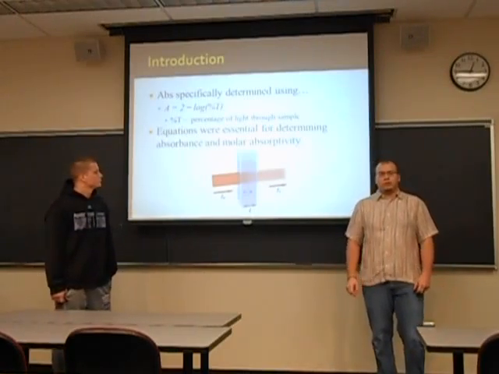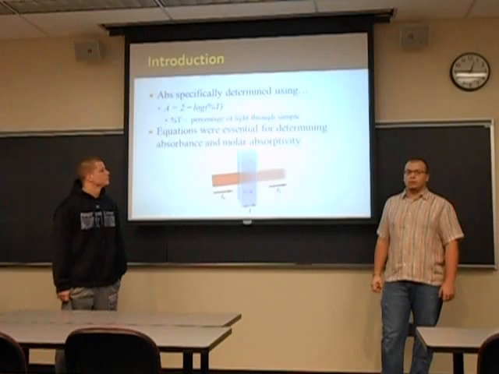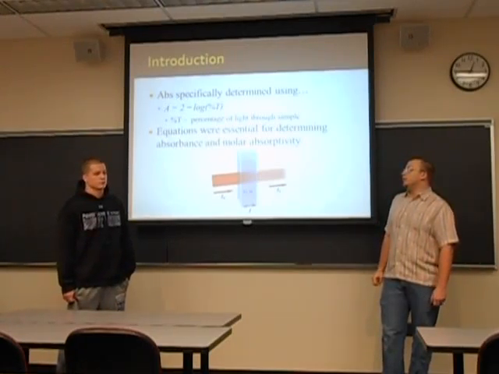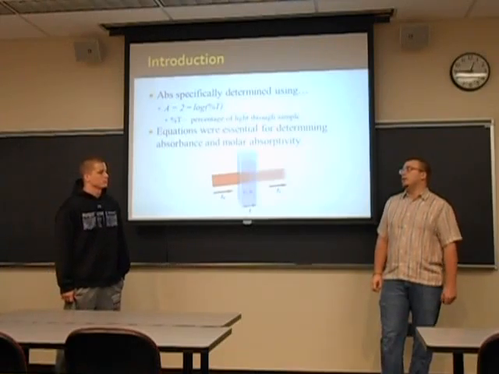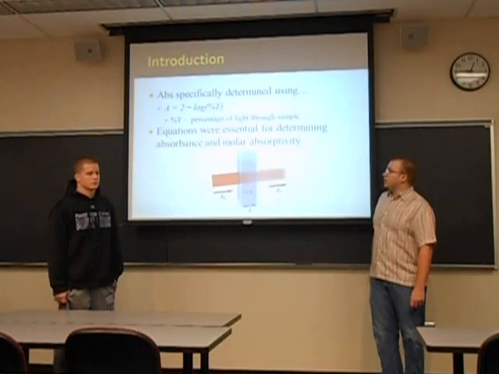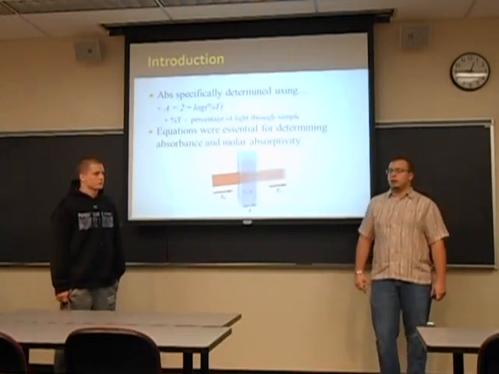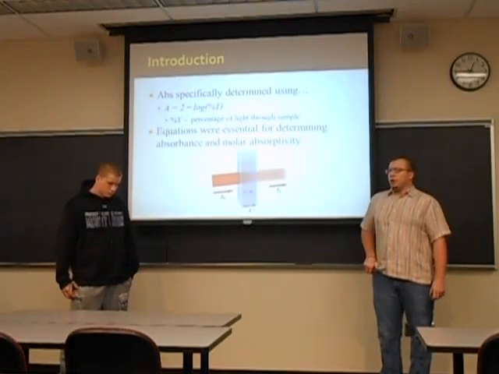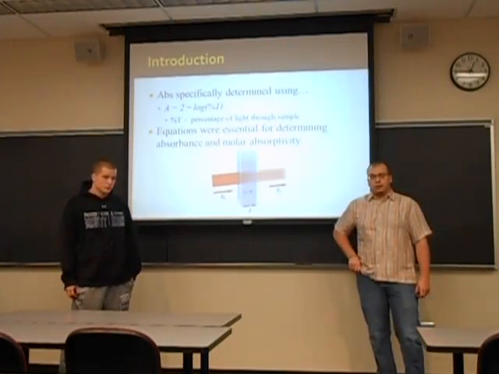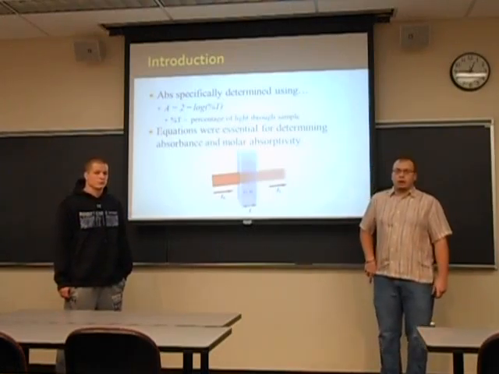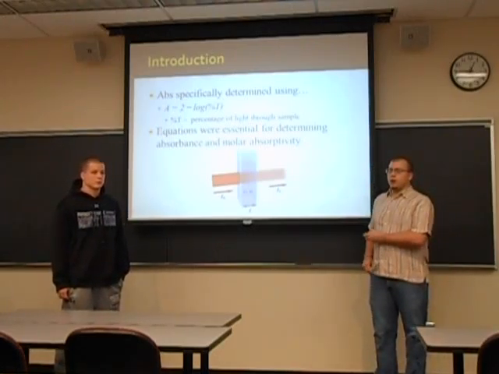Absorbance can be specifically found using this equation, where A equals absorbance, which equals 2 minus the log of the percent transmittance, where percent T is the percent of the light that goes through the substance. And both the equation for Beer's law and this equation were essential in finding the absorbances for our experiment.